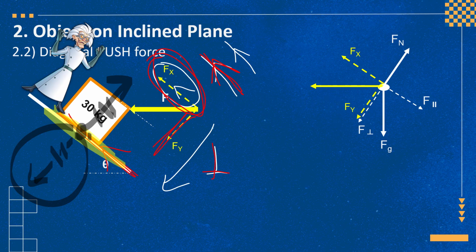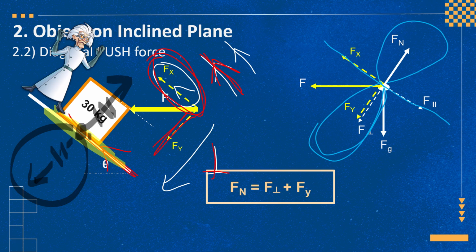So in total, always remember, if that is your surface, then all the forces up from the surface must be equal to all the forces down from the surface in order for that crate to stay on the surface. So we'll write it like this. All the forces up is equal to all the forces or components down. And that is how I got to this equation.